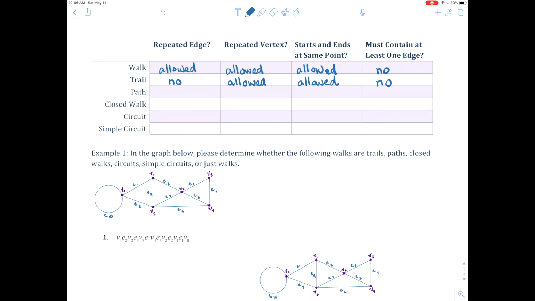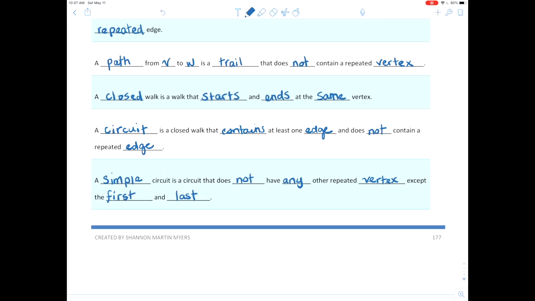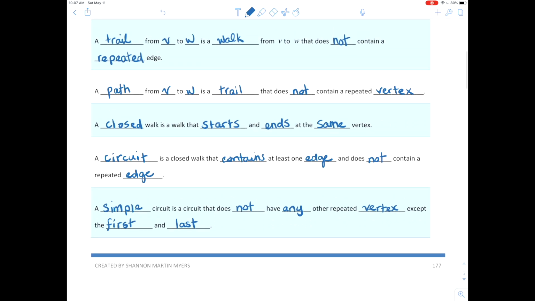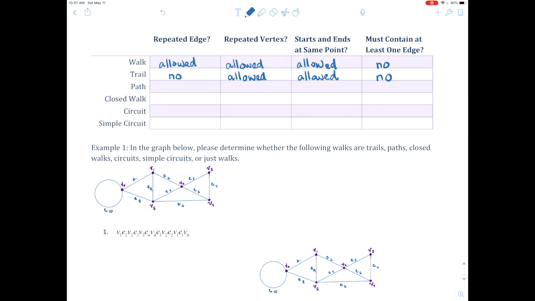Okay, so for a path, if you look back at the definition, a path from V to W is a trail that does not contain a repeated vertex, right? And so here with the path, you have no repeated edge because it's a trail, right?